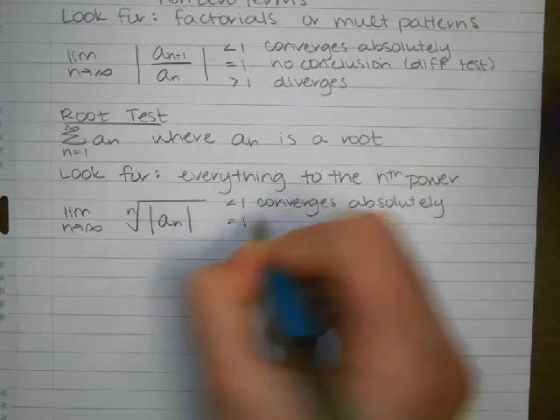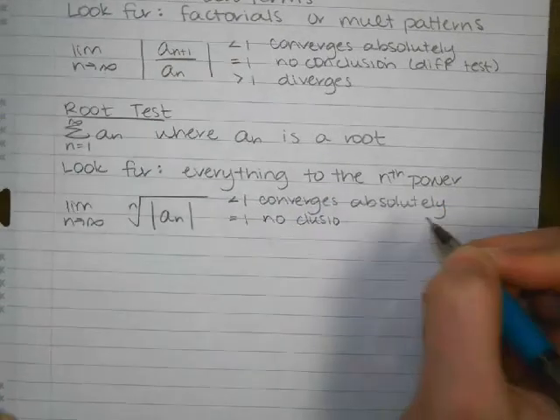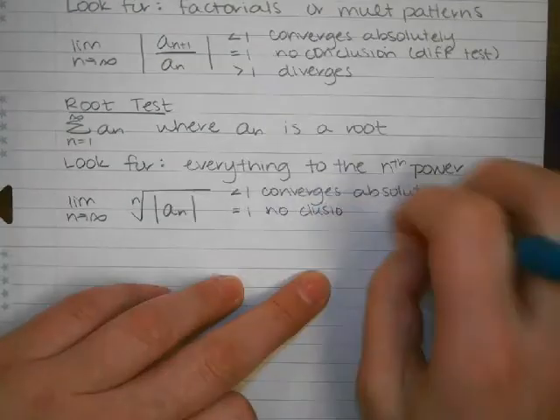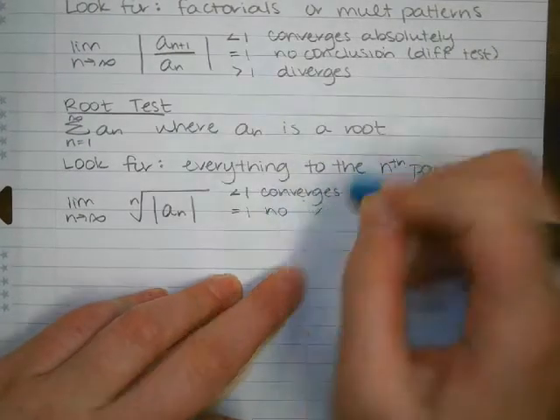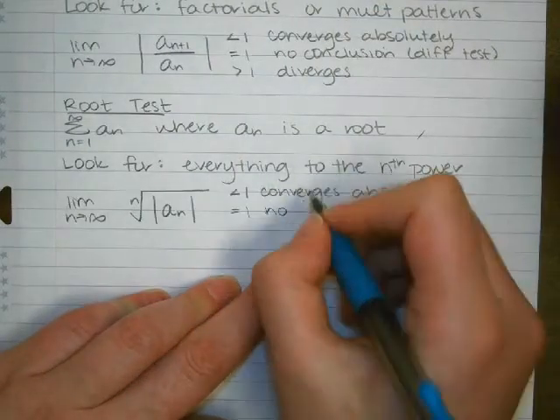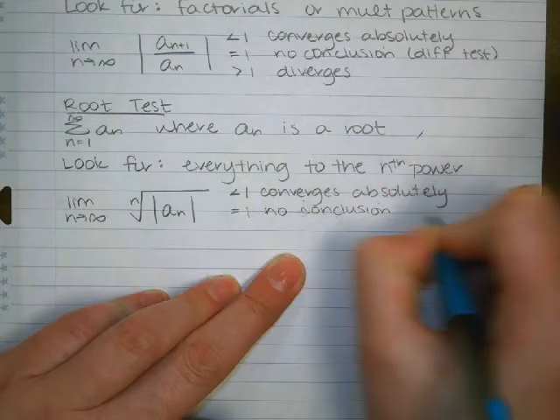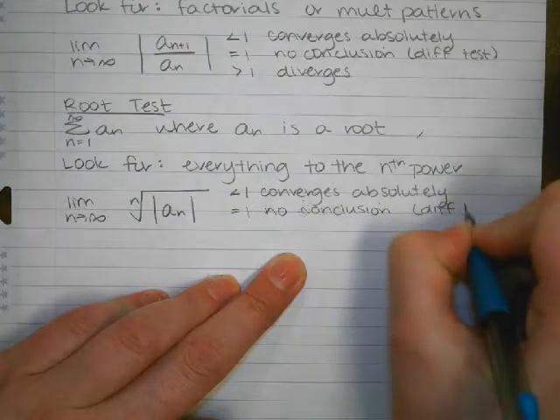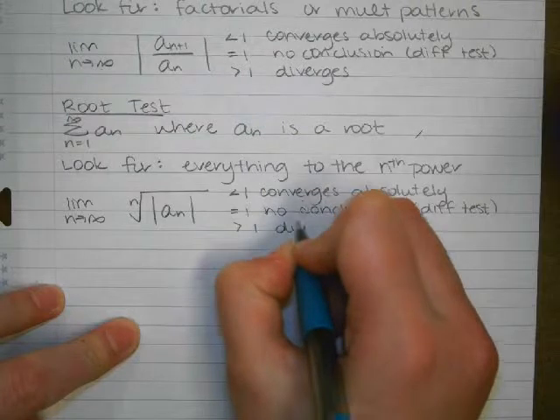If it equals 1 exactly, then we have no conclusion, and then we have to use a different test. Gosh, that's funny. And if it's greater than 1, then it diverges.